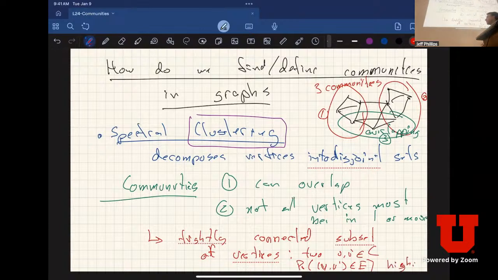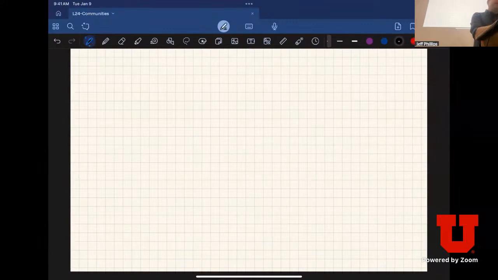So if two vertices are in the community, we think of the probability that there's an edge as being high in some sense. That's how you think of a community. What does high mean? How do you calibrate this? There are various ways of thinking about this. Let me start with a top-down way of thinking about this, called betweenness.